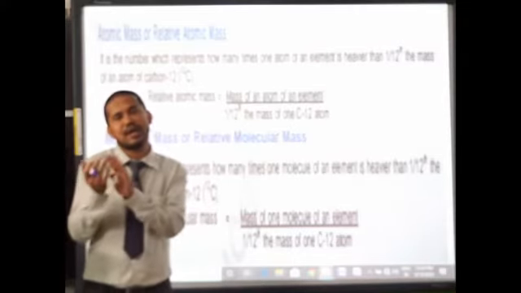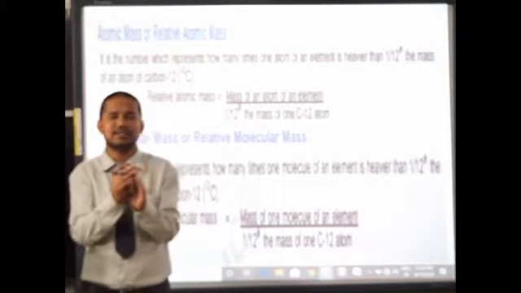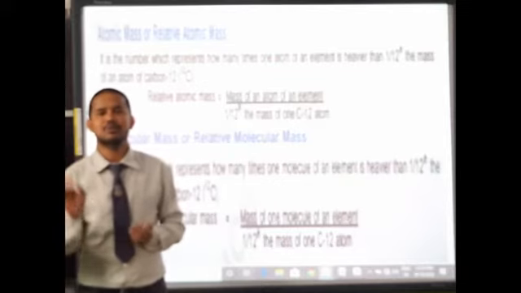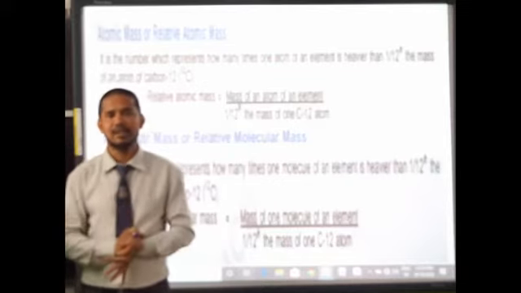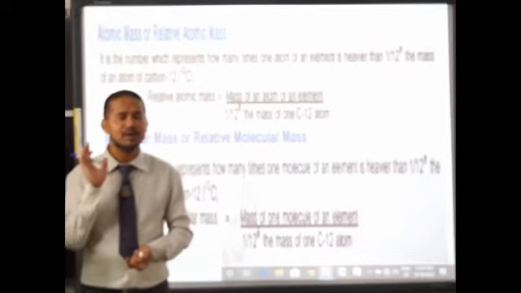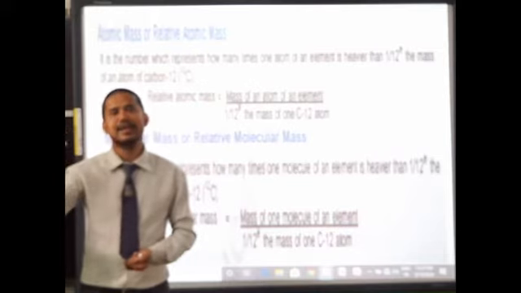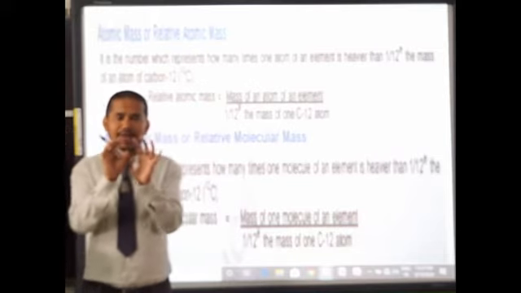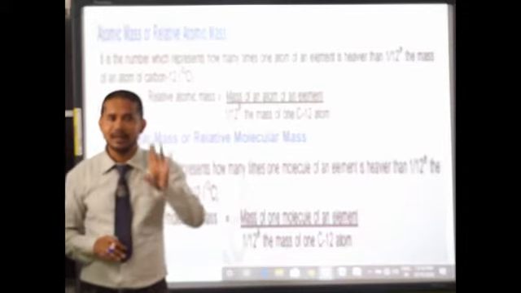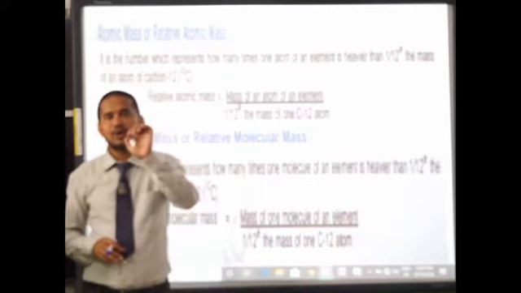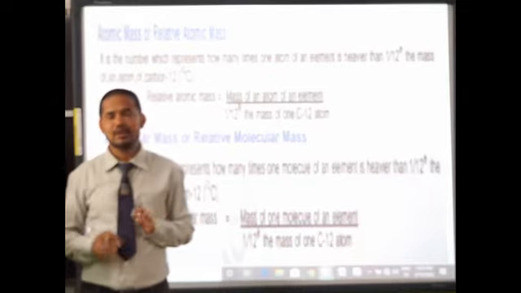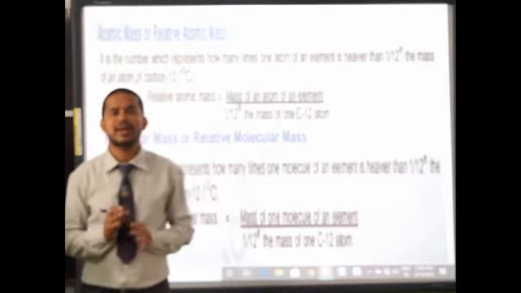For example, the relative atomic mass of oxygen is 16 AMU, which means one atom of oxygen is 16 times heavier than 1/12 part of a carbon 12 atom. This way we measure relative atomic mass.